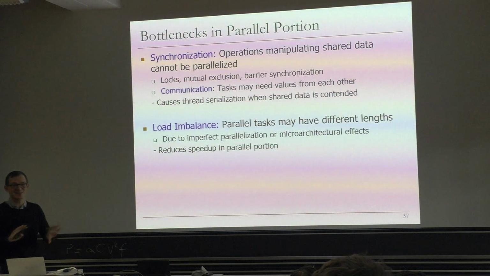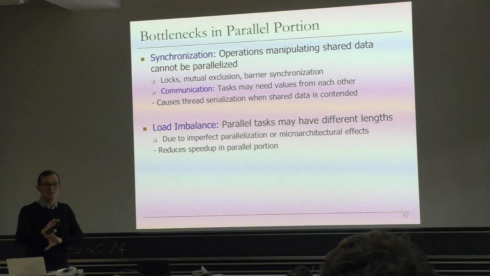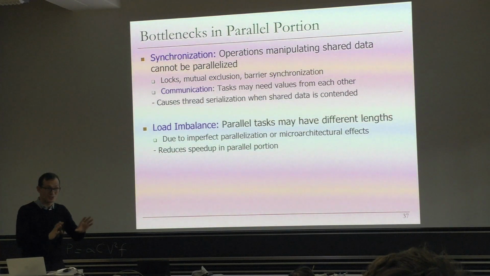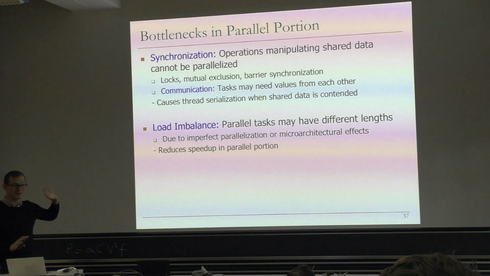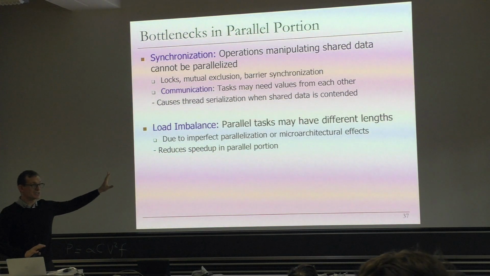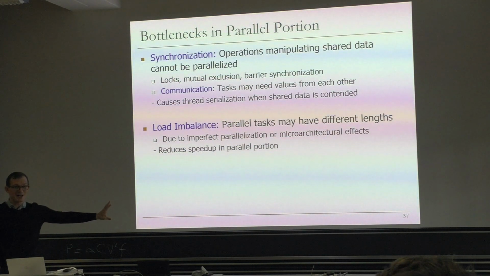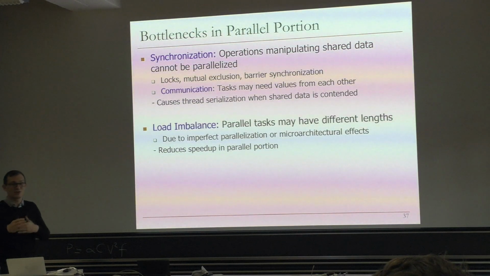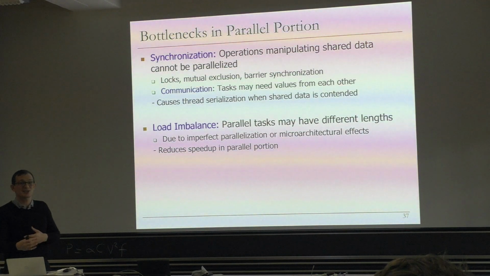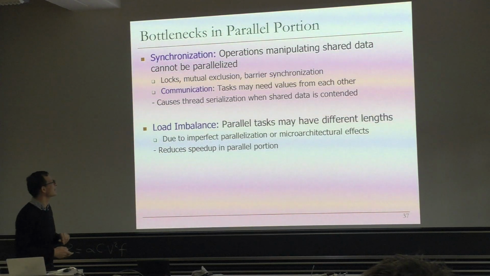Every task is doing exactly the same thing, but somehow microarchitecturally, one of them is being prioritized over others because your microarchitecture may not be fair. All of the issues that we've discussed earlier apply to this also. If you're prioritizing one processor over the other, even though somebody else perfectly parallelized their program, you may actually be causing load imbalance in the microarchitecture. So that's why fairness is also important for parallel applications.